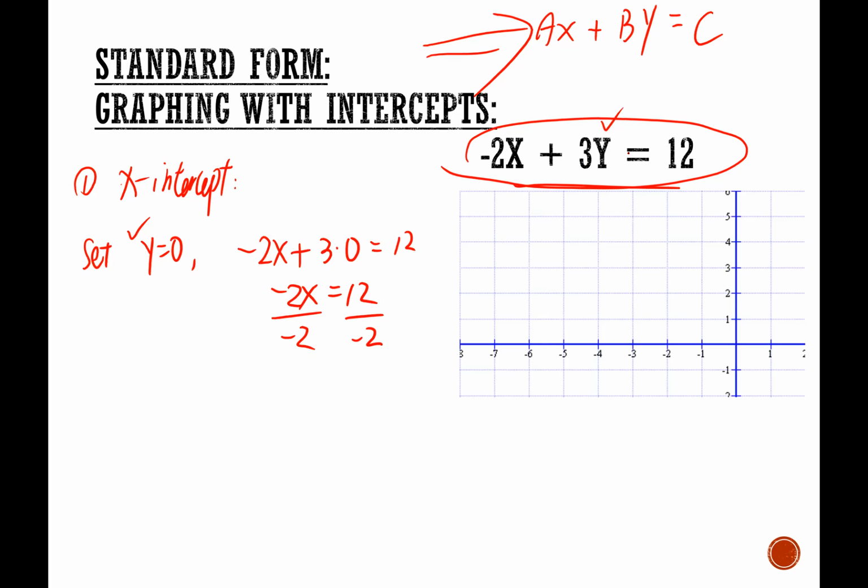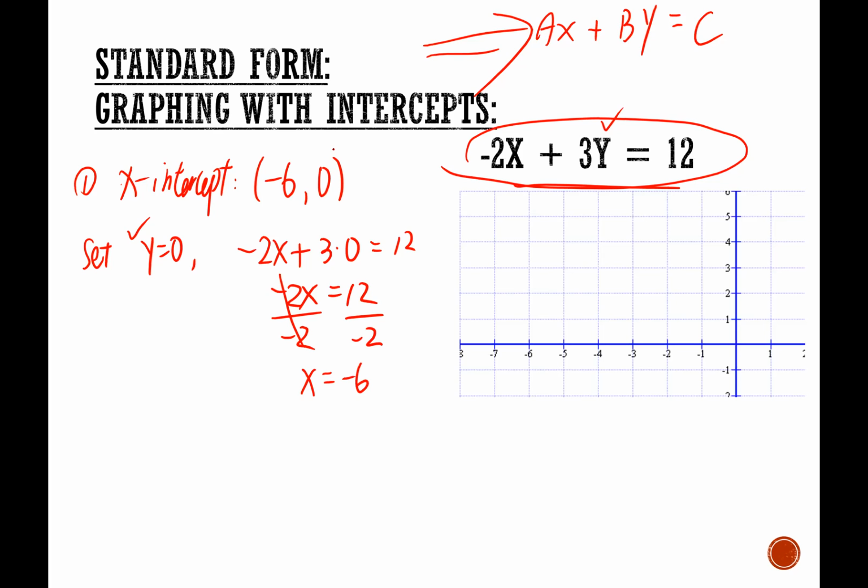So we have negative 2x plus 3 times 0 equal to 12. Now 3 times 0 is 0, so we omit it. So we get negative 2x equal to 12. Then we divide negative 2 from both sides of the equation, so x equals negative 6. So we find the X-intercept as an ordered pair: the X coordinate is negative 6, and the Y coordinate is 0.